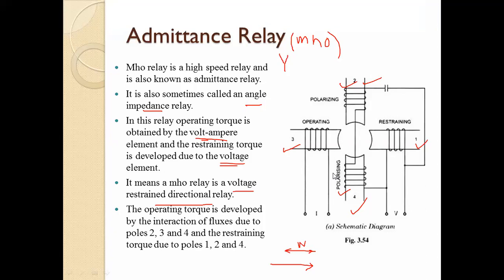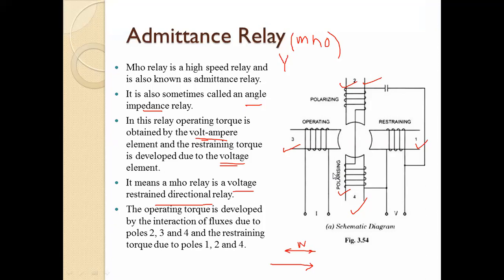So remember these three relays. First is the impedance, second is reactance, and the third one is the admittance. These relays are important because after this also we are going to see all these three relays, but all as microprocessor based relays.